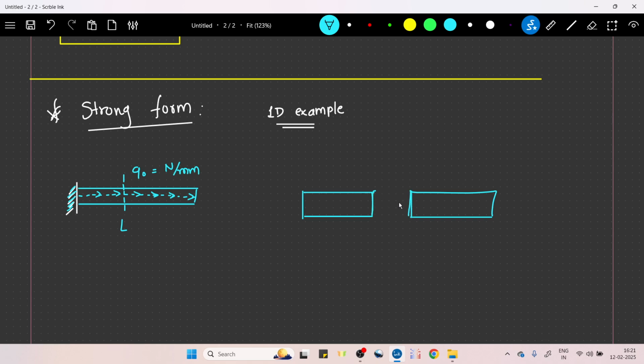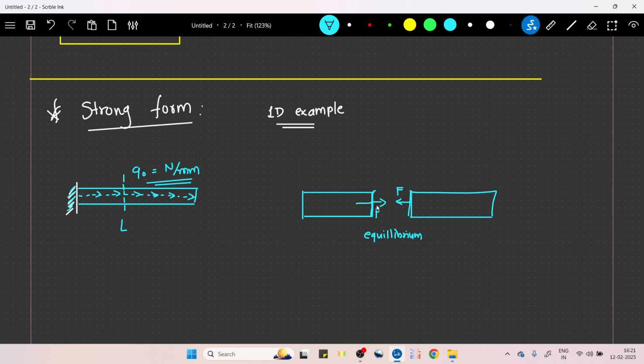Because it is just cut; virtually I have cut. Under the application of this external force, I will get some internal force, right? At this particular section, the internal force is going to be F, and obviously it is going to be something like this. This particular section is in equilibrium, right? Both are the same section, so it is in equilibrium.